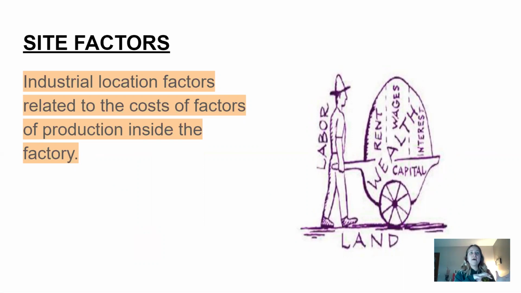What inside that factory plays some type of role in producing these products, okay? Whatever comes out of that factory, something inside that factory is happening to be able to make these products. So think of a factory. What factors of that factory are related to the costs of production inside that factory?